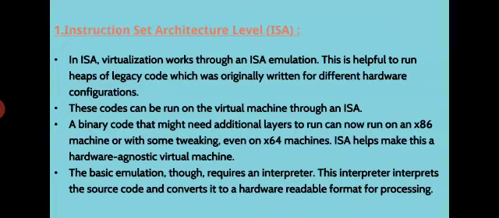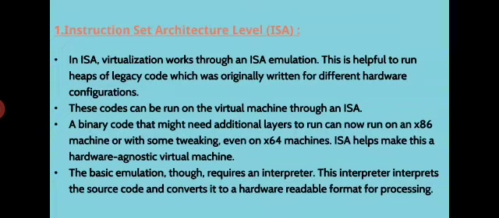Instruction set architecture helps make this a hardware agnostic virtual machine. The basic emulation requires an interpreter, and this interpreter interprets the source code and converts it to a hardware-readable format for processing.